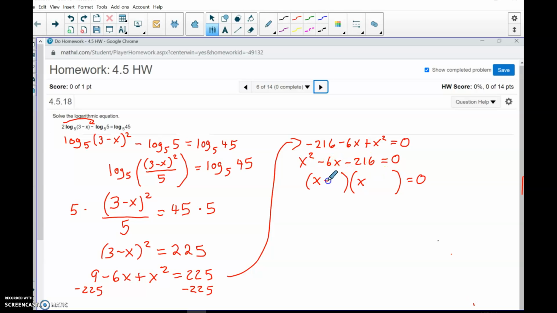So I could say (x minus 18)(x plus 12) is equal to 0. So this is leading me to the solutions. x is 18, and or, x is negative 12.